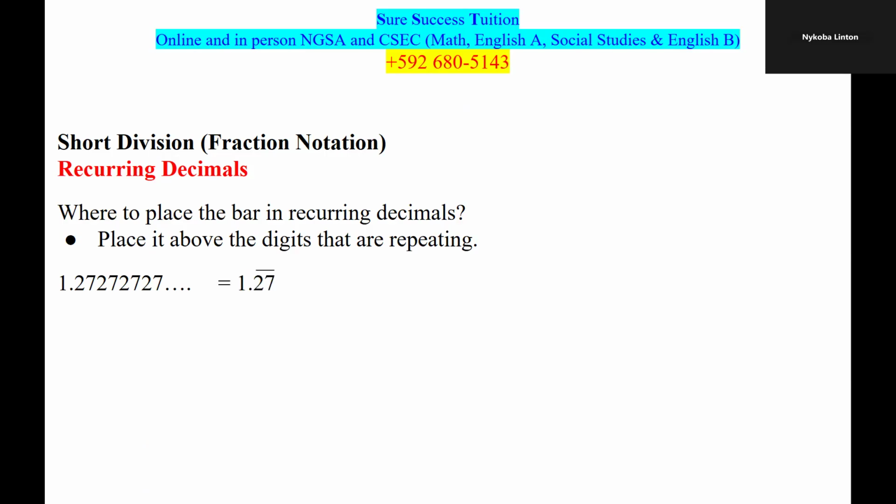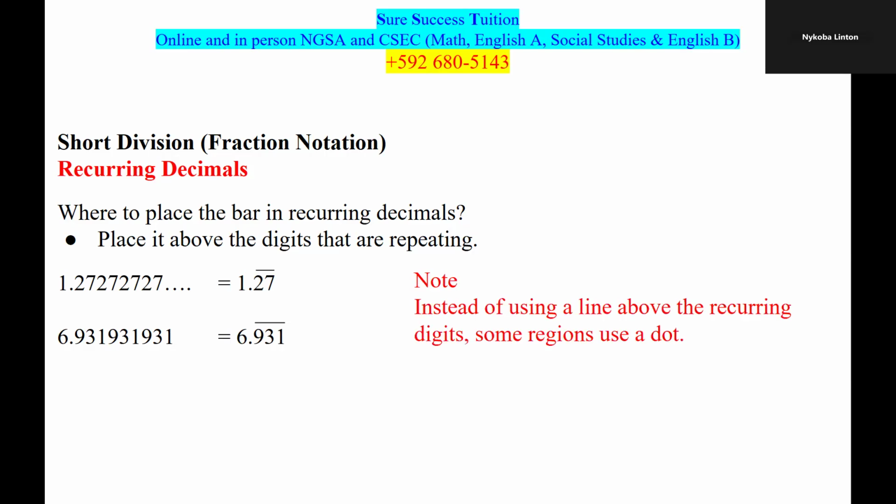So our bar would go over both the 2 and the 7. This shows that both 27 repeats in that pattern. What about this one? 6.931931. We notice this is repeating. Again, the bar goes above the digits that are repeating.